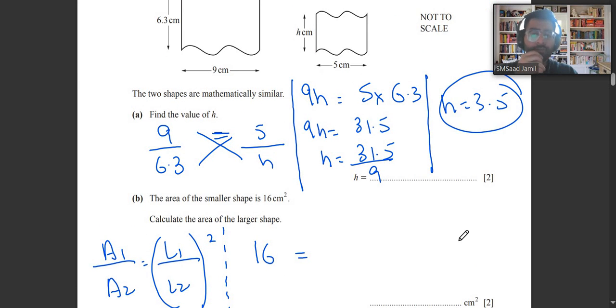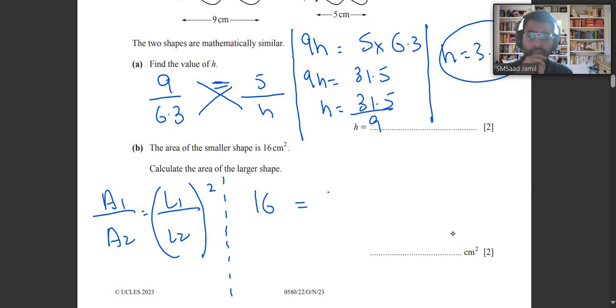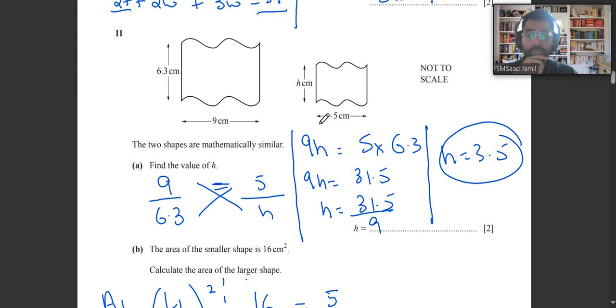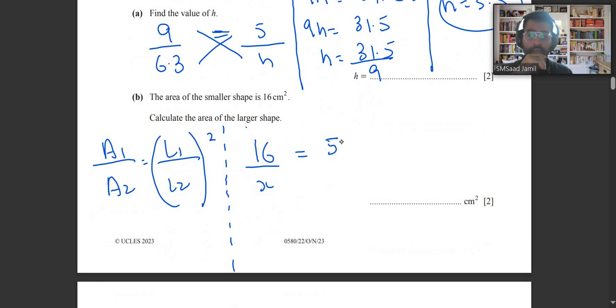We will use 5. The area of the bigger shape we don't know, just call it x, is equal to, and the length of the bigger shape, make sure you take the equivalent length. So you will not take 6.3, you will take 9. Equivalent length is 9.